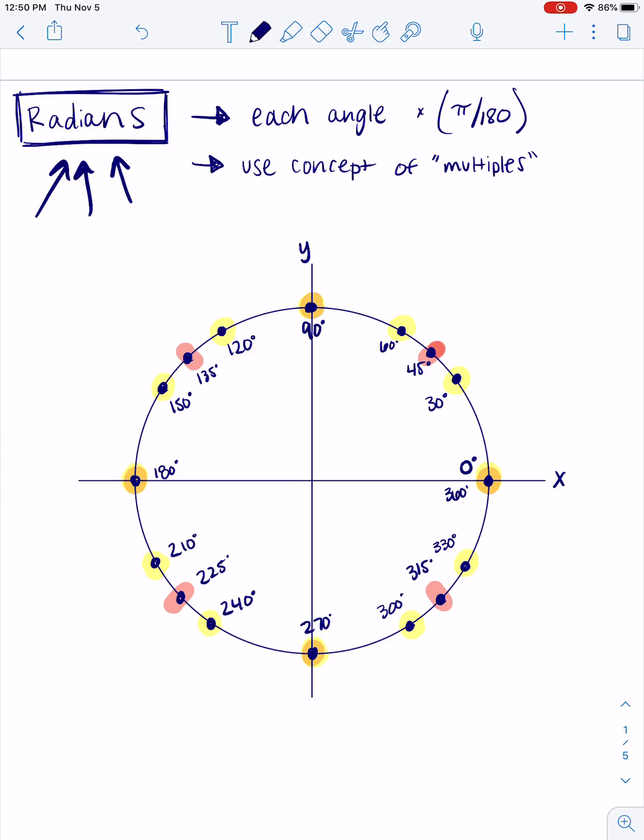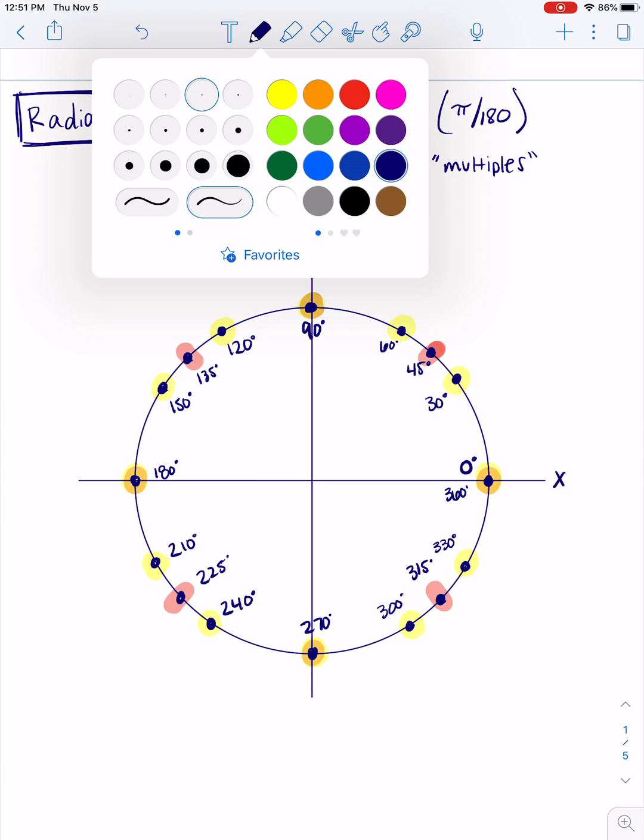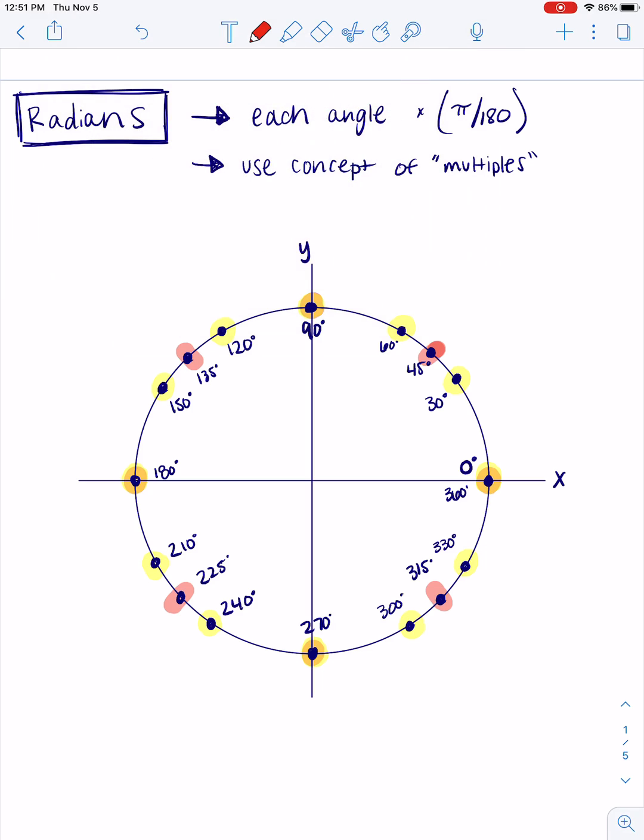What we're going to do now is find radian measures. I already explained what radians are. I just want to focus on how to get our radian measures. This is the big idea right here. We're going to multiply each of our degree measures, or each angle, by pi over 180. That is our degree to radian conversion. So I still start with 0.